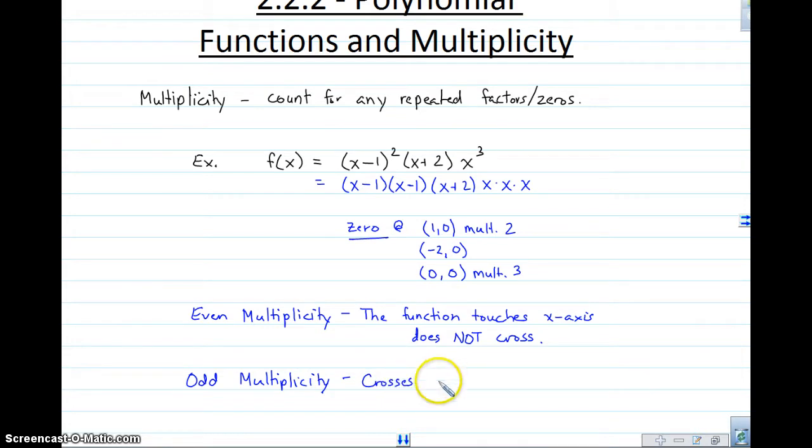And in our example today, when we sketch a graph of these, you'll see what I mean exactly by touching but not crossing, or crossing. Okay, so make sure you have those notes down. This is really important that you understand what happens at the different types of multiplicity.